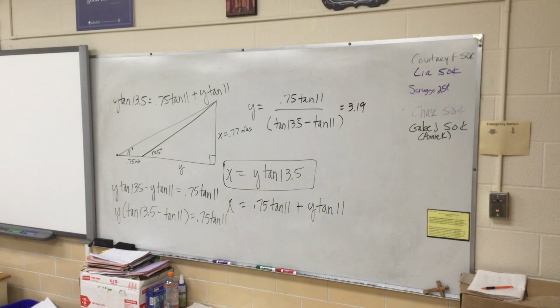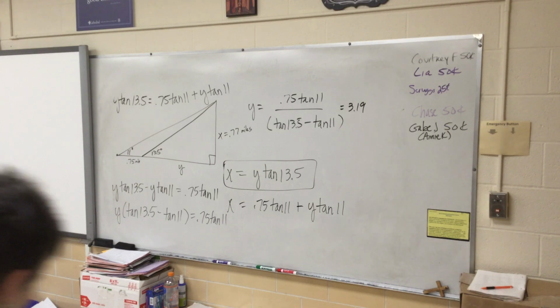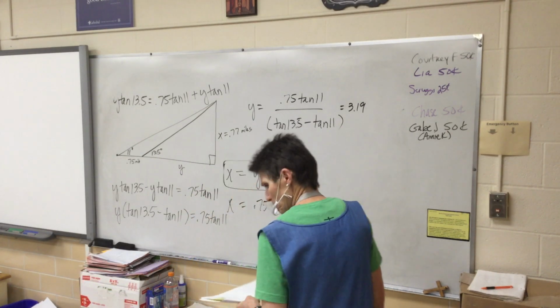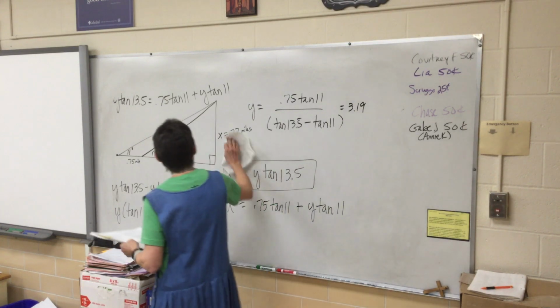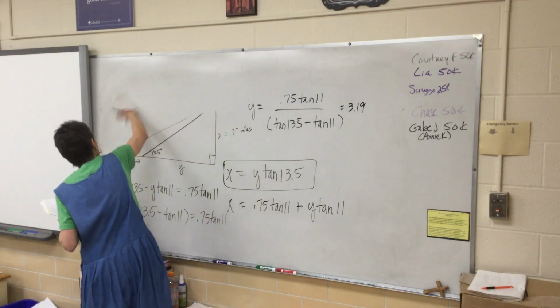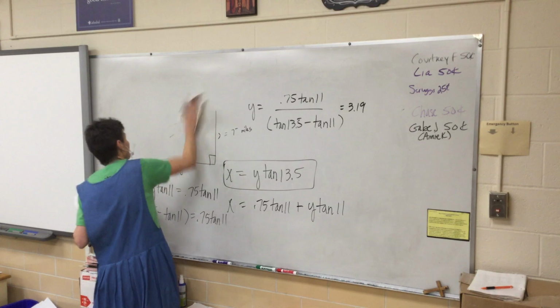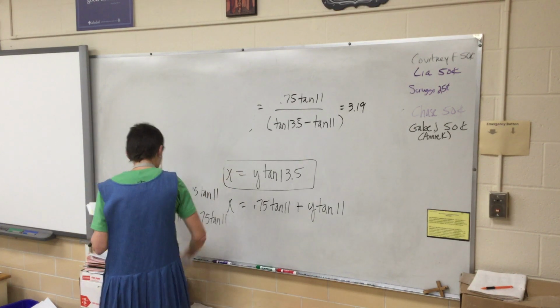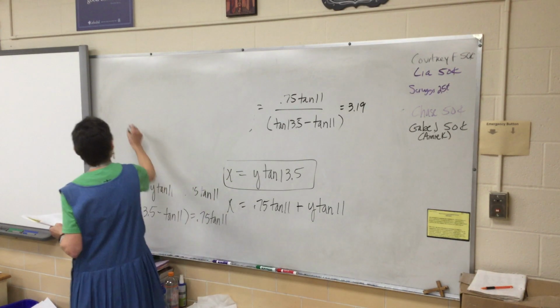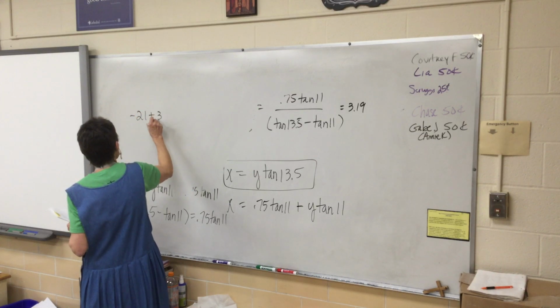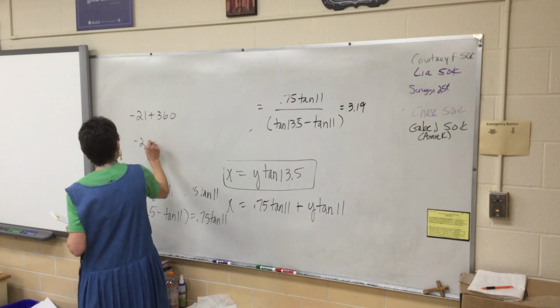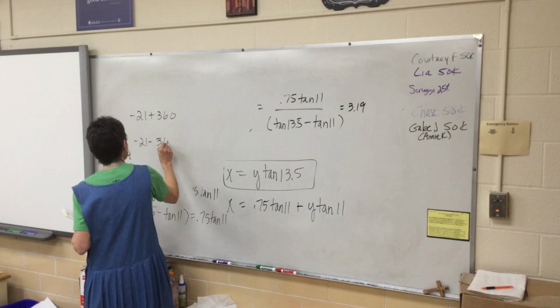Okay, who else? How about number 13? 13. Name two angles coterminal with negative 21. So it doesn't specify if they have to be positive or negative. And there are infinitely many coterminal angles. So we're just going to take negative 21 and add 360, negative 21 and subtract 360.